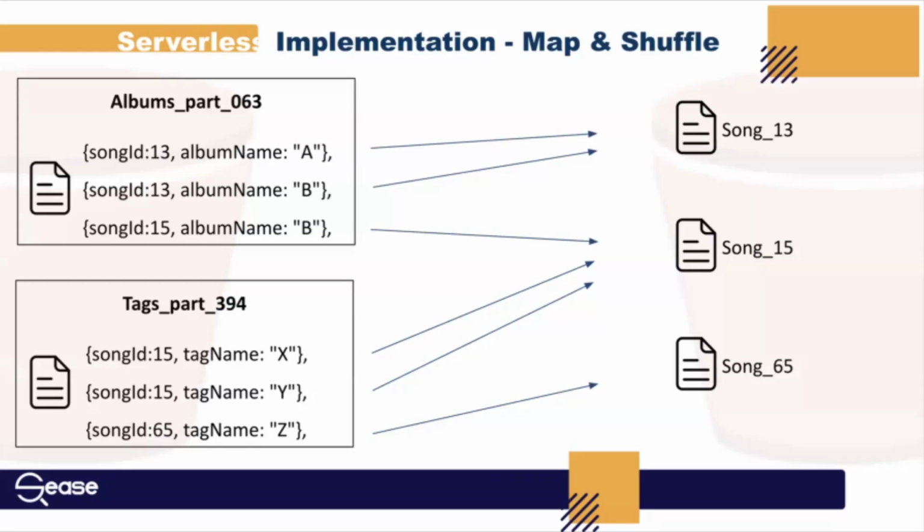This is important because when we write during the map phase, if the data is sorted by song key, I can find all the values with the same key in the same file. At least in the same file for album, maybe 2 files for albums, 1 or 2 files for tags, 1 or 2 files for composer, and so on.